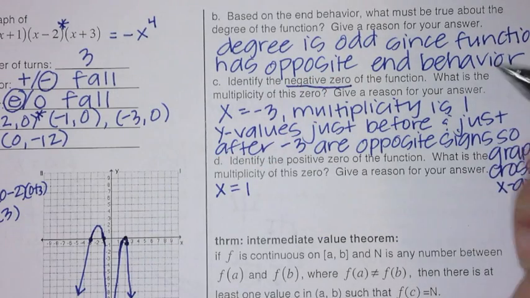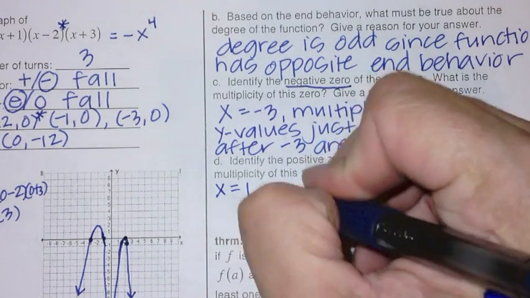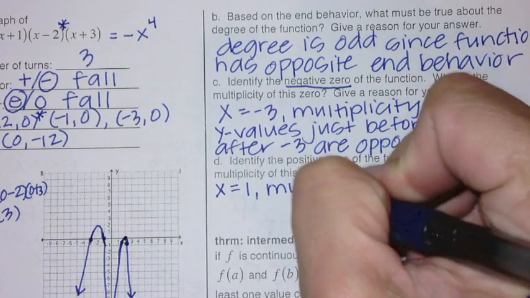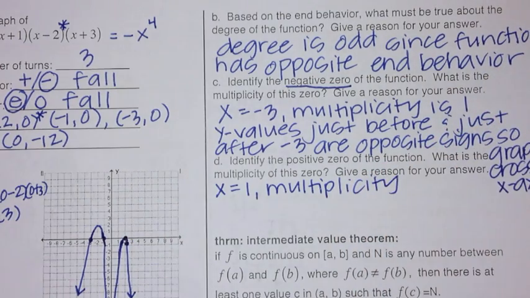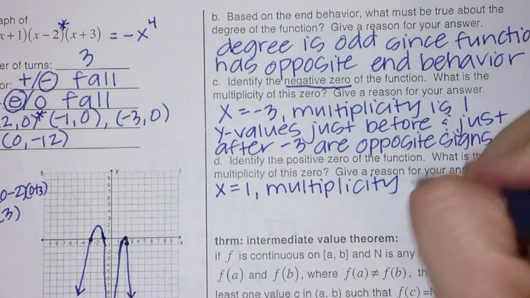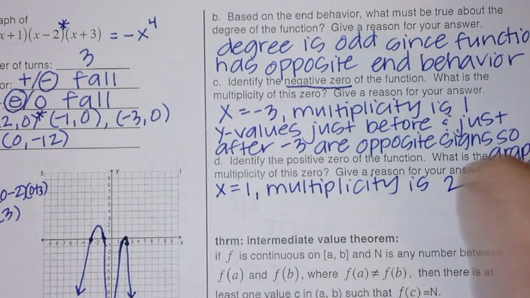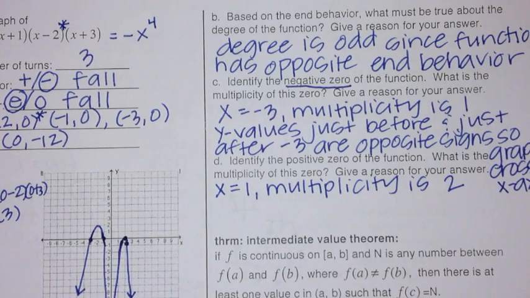So what we're going to put right here is that the positive 0 is x equals 1. And we know from the previous example that we can't have a multiplicity greater than 2, but since there's a bump, we know that it's even, so that one has to have a multiplicity of 2.